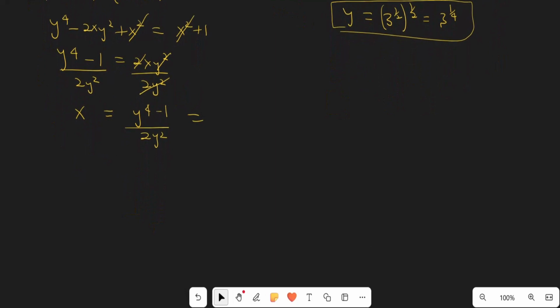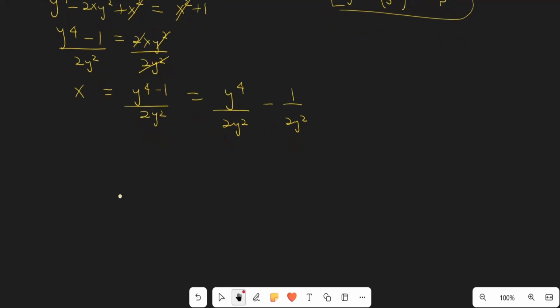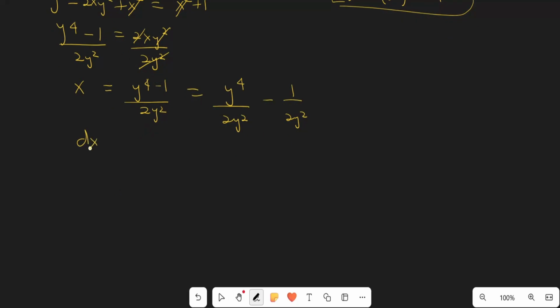Cool result. Now we have y raised to the power 4 all over 2y squared minus 1 all over 2y squared. And now let's find an expression for dx in terms of dy. dx/dy is going to be equal to, okay, let's simplify this first, shall we? This is y squared all over 2 minus 1 all over 2 times 1 over y squared.